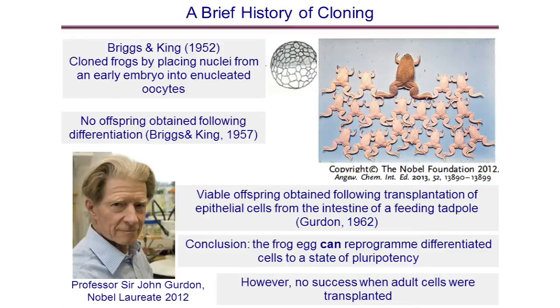So a very brief history of cloning here. It was first reported in 1952 by these two scientists working in the US. They cloned frogs by placing nuclei from an early embryo into enucleated oocytes. And here we see these albino frogs, all clones, derived from the eggs of this wild-type frog.